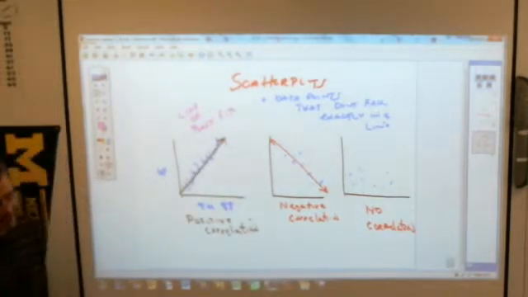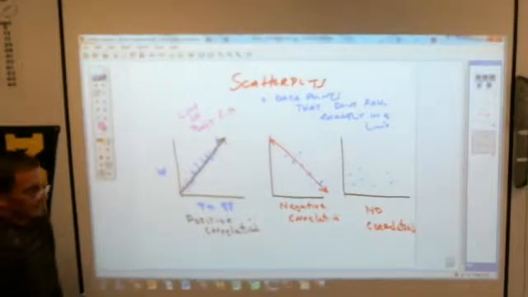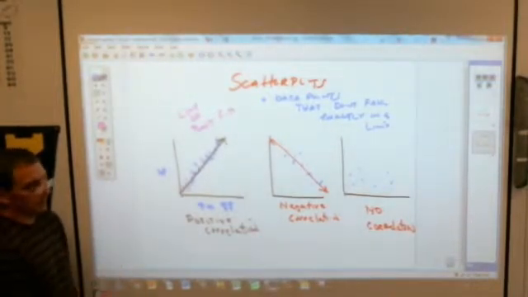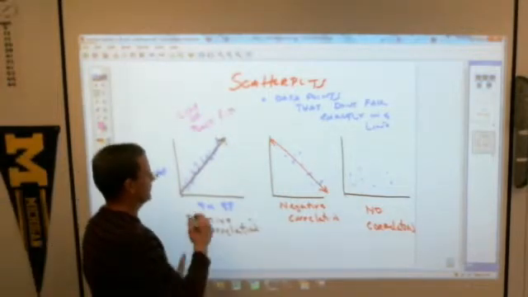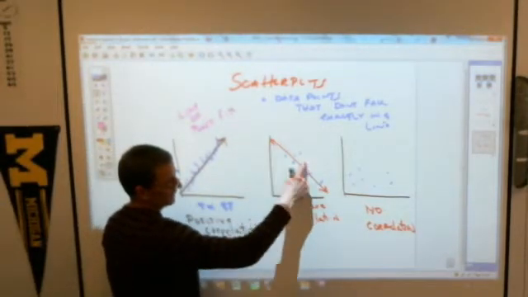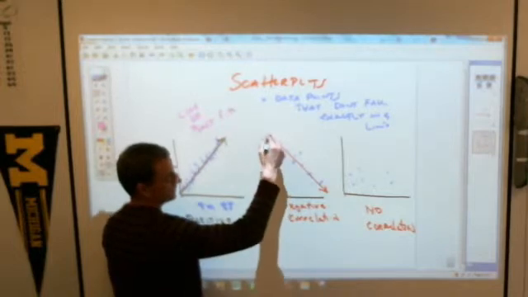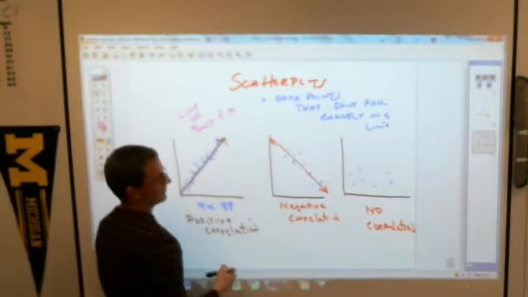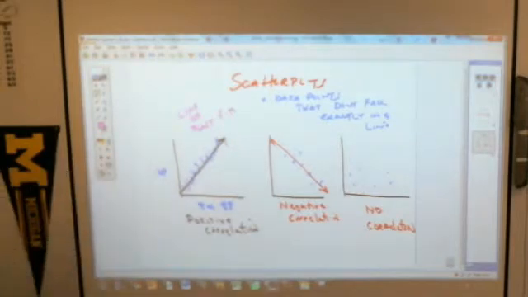This is not an exact science. You can get close and that's going to be good enough. Sometimes you'll have a dot sticking way out there that throws things off, an outlier that you kind of have to ignore.